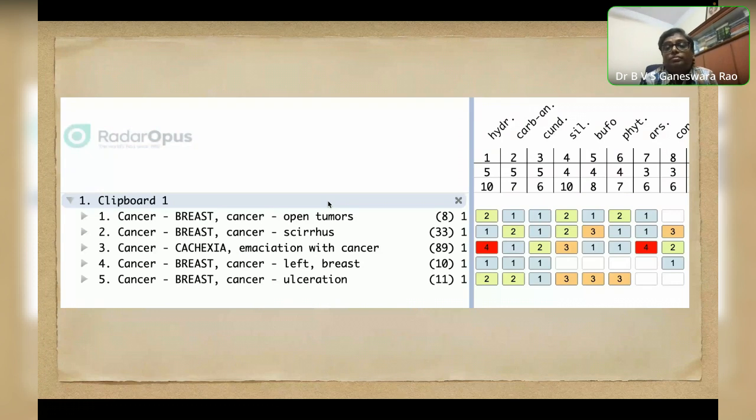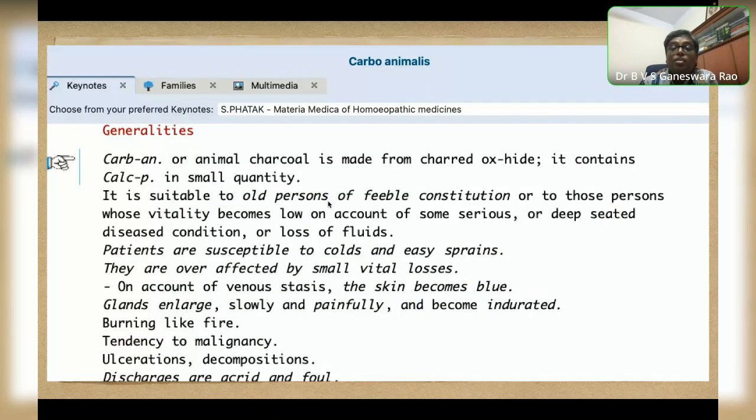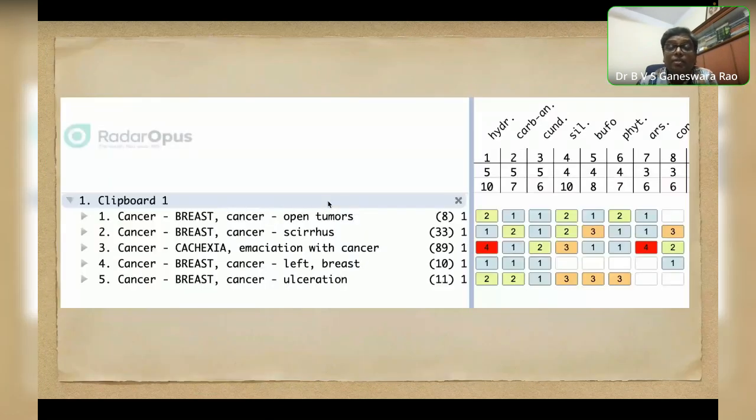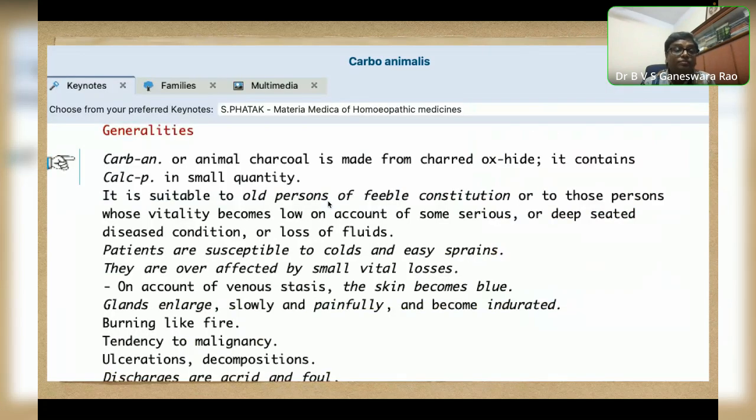And here, keeping in view the distress condition and the dyspneic condition, the respiratory complaints and palpitation, I prescribed Carbo animalis, even though Hydrastis and Conium were also indicated. Hydrastis came up very strongly, but I considered Carbo animalis. Why?